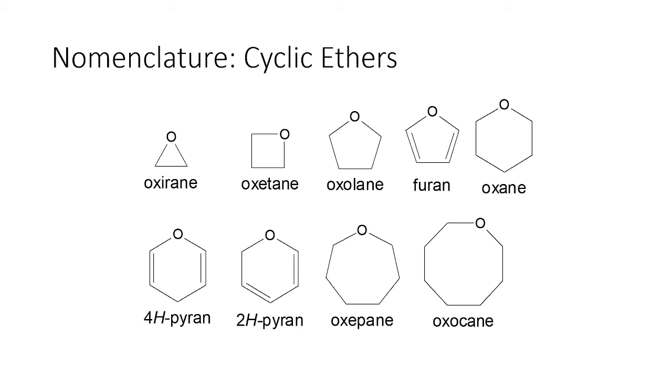Here we have oxirane, oxetane for 3 carbon atoms and 1 oxygen. We have here oxolane, furan for having the double bond, and we have there the oxane. We have here the 4H-pyran and the 2H-pyran, the oxepane and the oxocane.